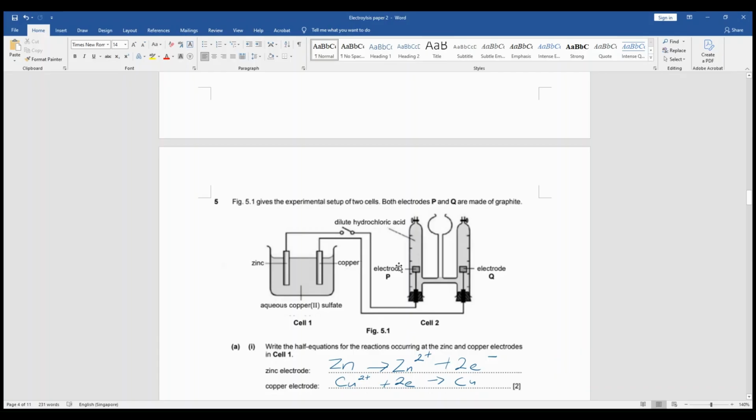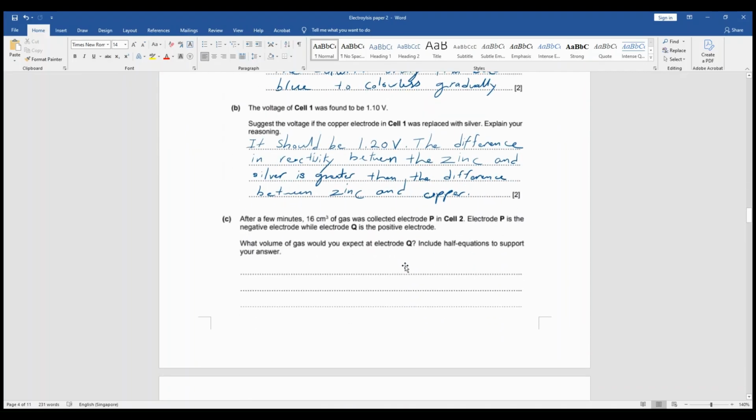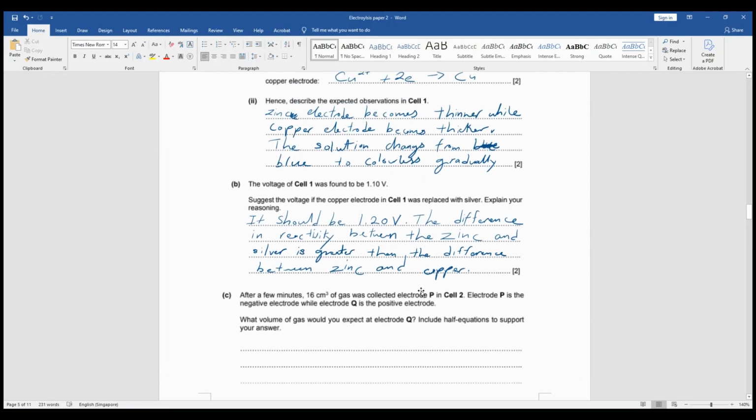So electrode P is where you receive electrons, so the cation will go to P. So P is the cathode, which is right. P is the negative electrode because it's the cathode. This is something that you should be able to find out yourself, even if they never say so.